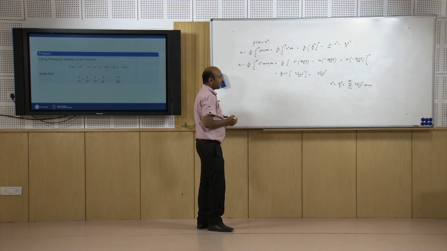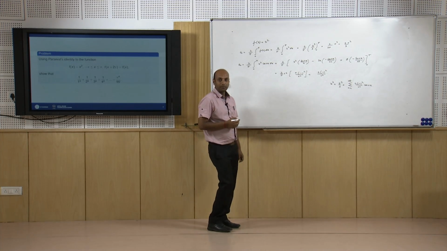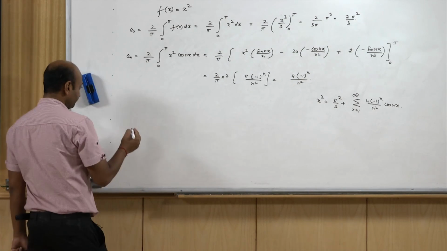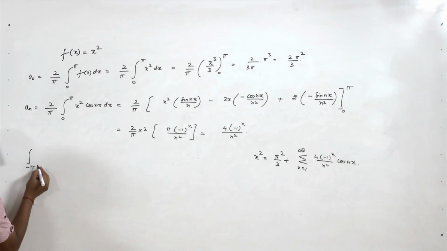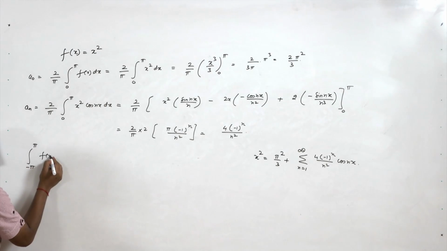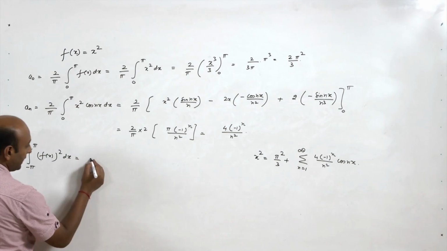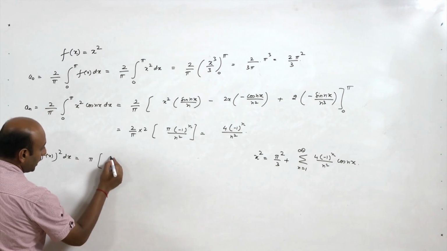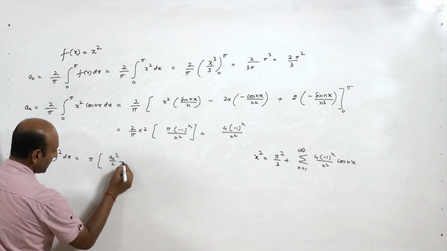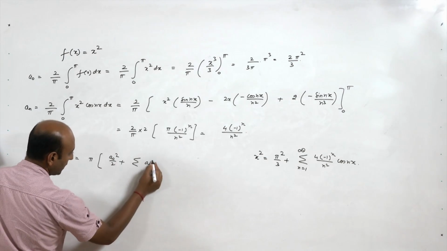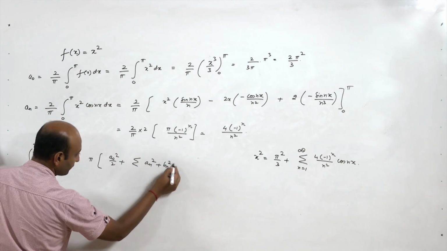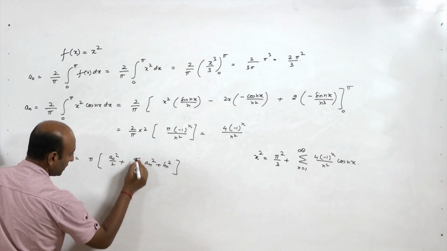Now, if we apply the Parseval identity for this problem, what will it be? It will be integral minus pi to pi of f(x) whole square dx equals L times a naught square upon 2 plus summation of a_n square plus b_n square, n varying from 1 to infinity.